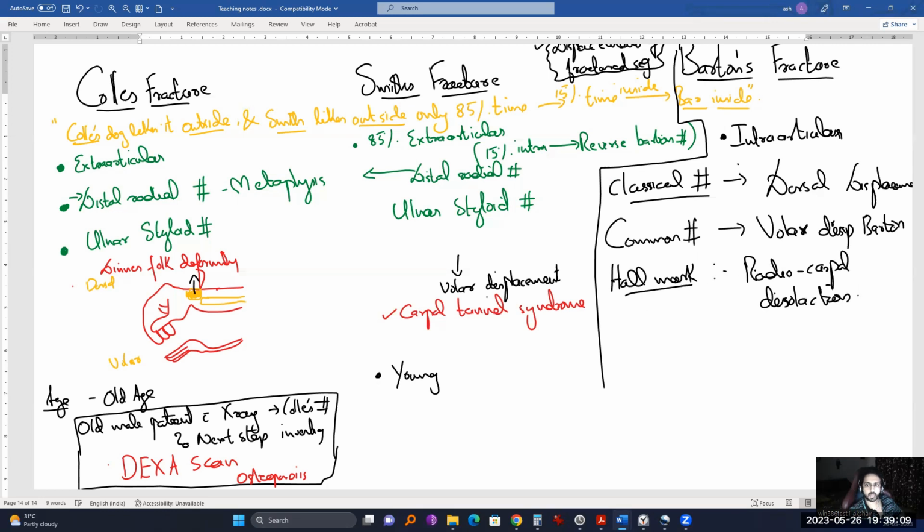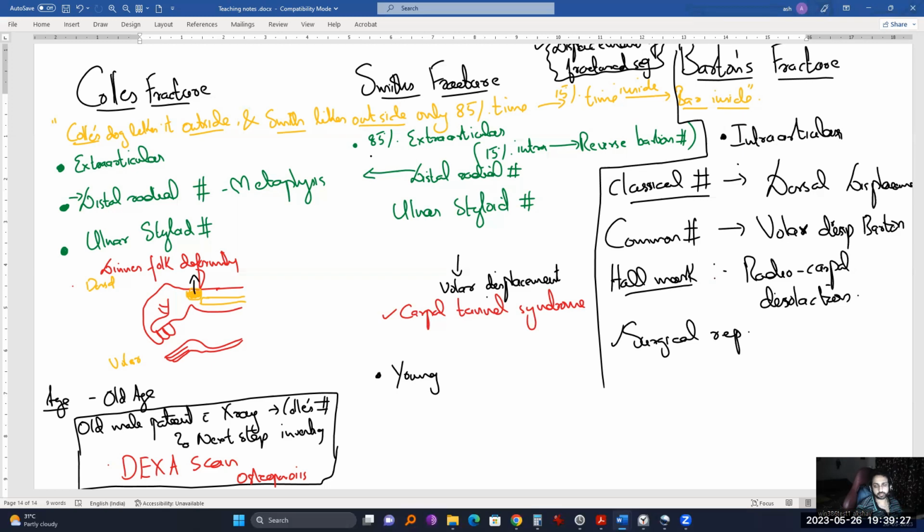Okay, that is the hallmark of Barton fracture, and it is always surgically repaired. Surgery is always needed for Barton's fracture.